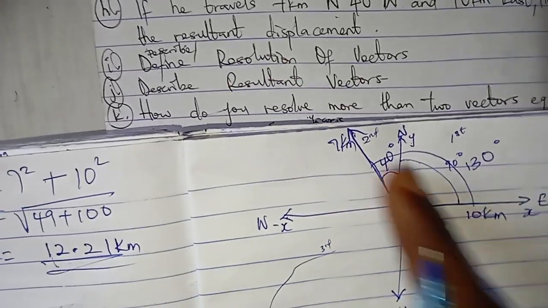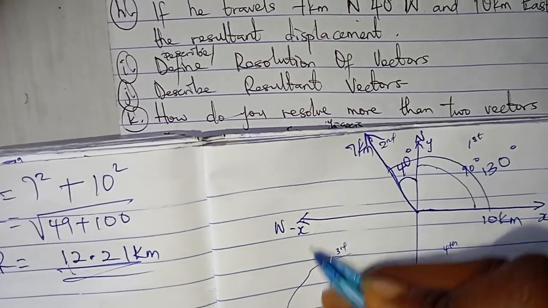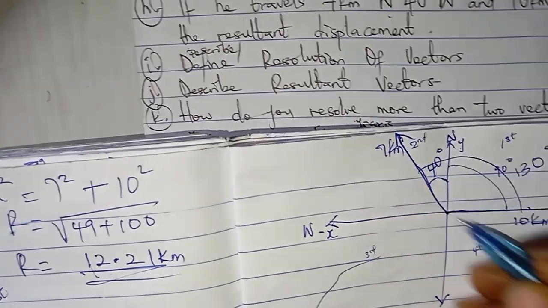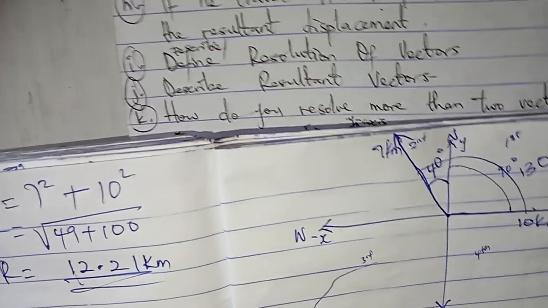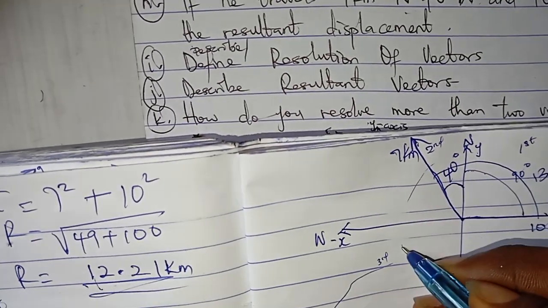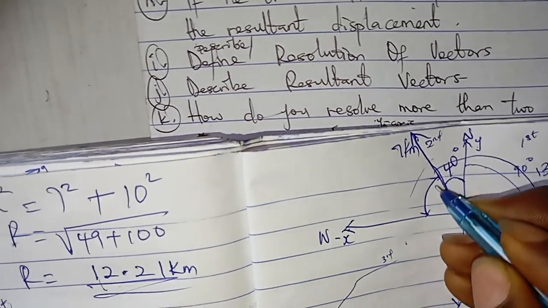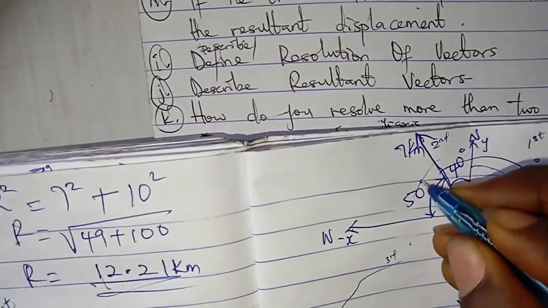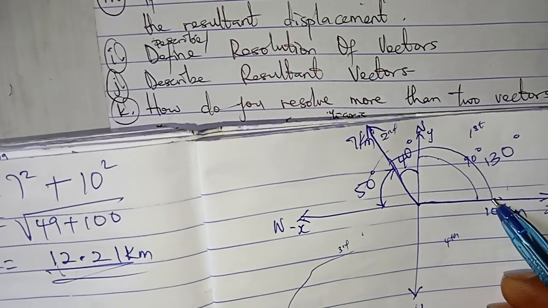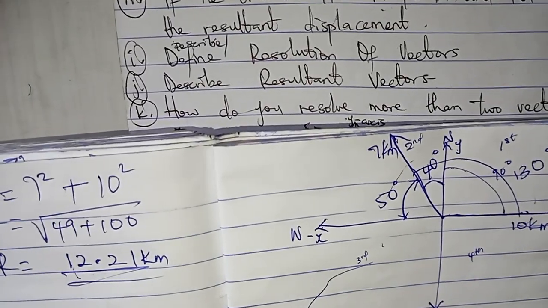But I told you I don't like using this angle. I like to do total angle there. The total angle in the second quadrant is 180. So I'll do 180 minus 130. I have this remaining, and that is 50 degrees. It's this angle I'm going to work with, because there's a rule that says once I'm starting from the zero, the origin, and going around, I don't need to be putting minus or plus.